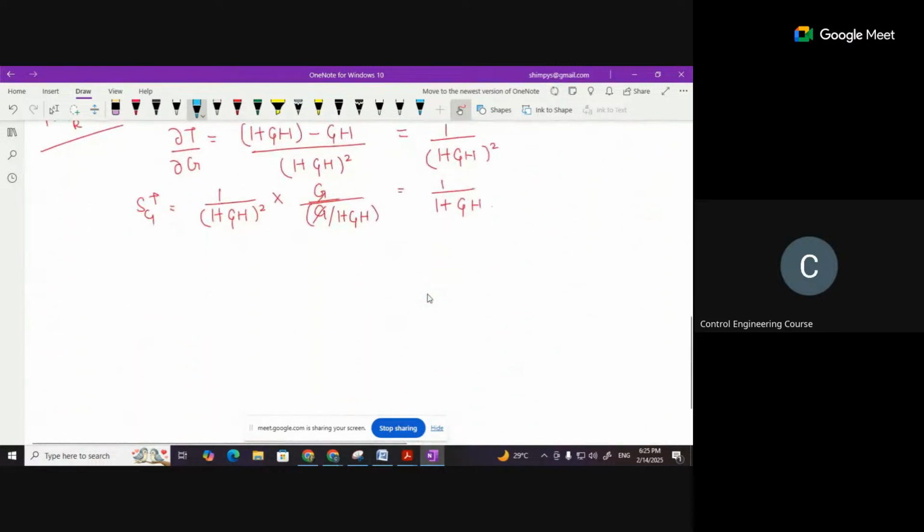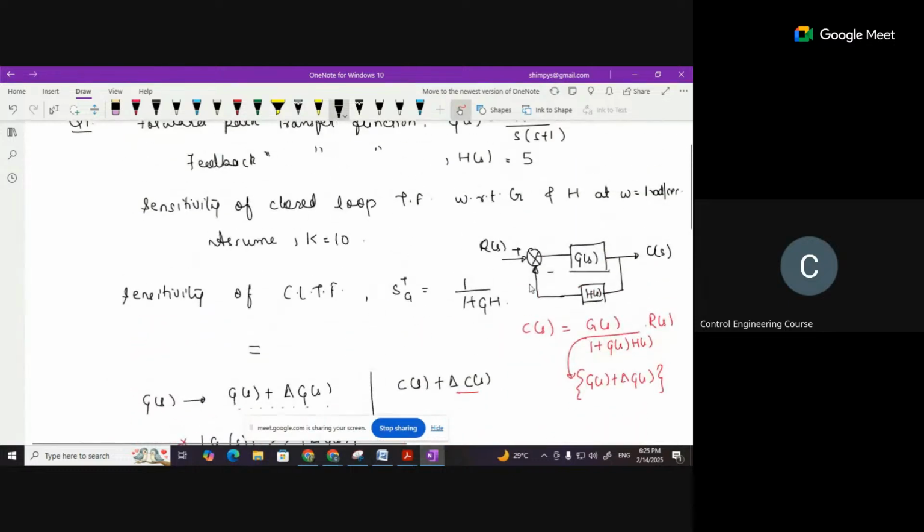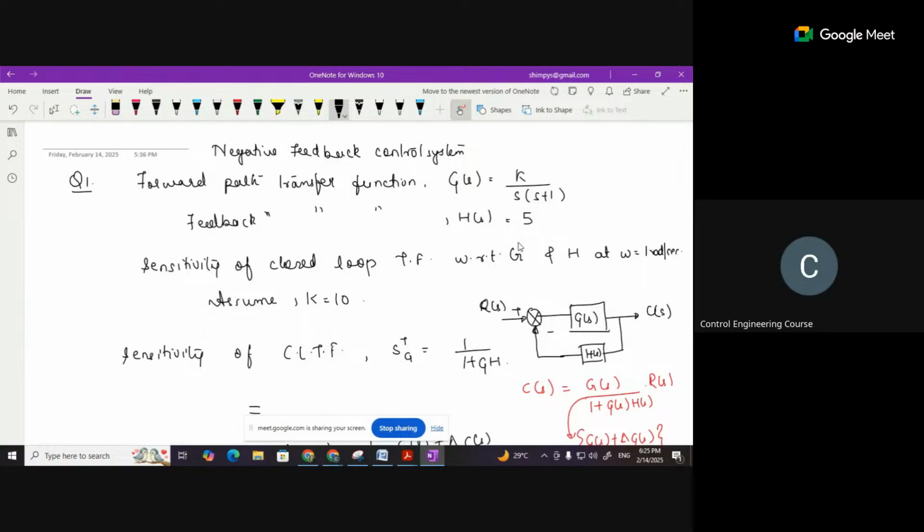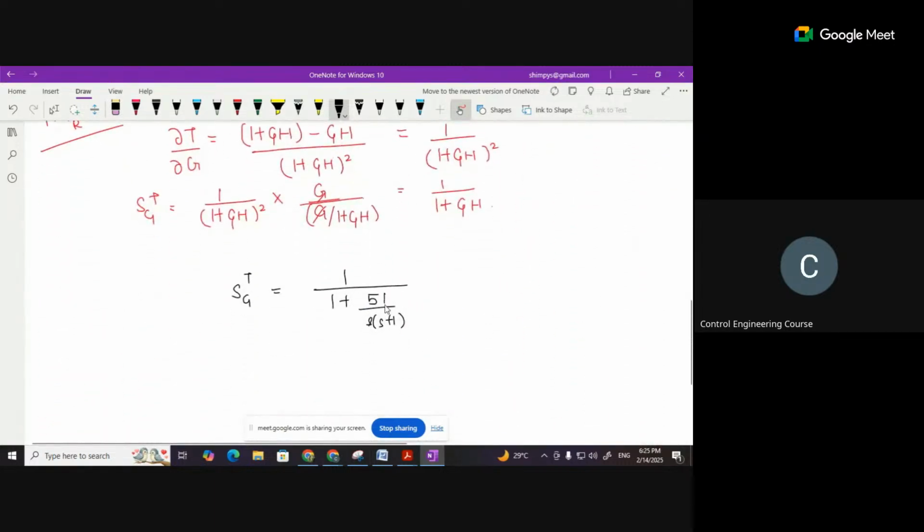Let us use this expression which we have derived just now, and putting the values, what we'll get is the sensitivity with respect to G, that is 1 by 1 plus G, and G is 5 by s plus 1 into K. H(s) is this into K. Solving this, we'll get s into s plus 1 divided by s square plus s plus 5K, right?